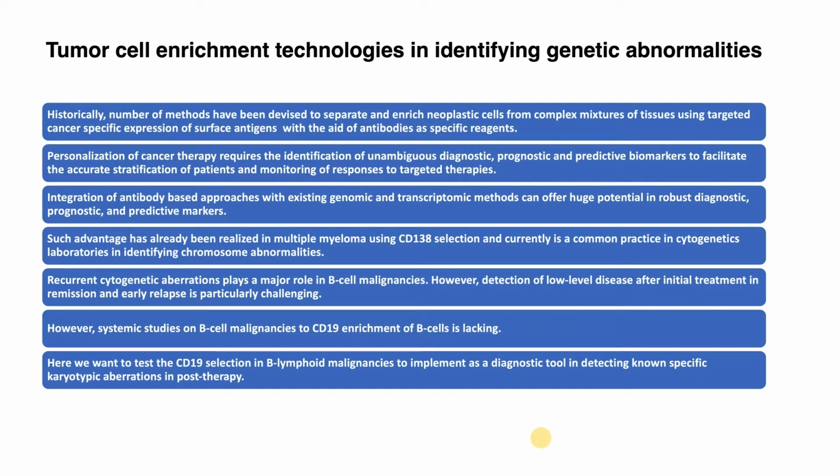Particularly, detection of low-level disease is challenging in B-cell malignancies. We have tested CD19 enrichment methods on a large cohort of post-therapy B-cell malignancies to detect known specific chromosome abnormalities.